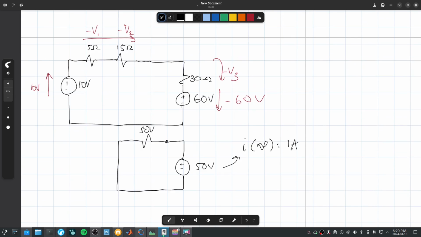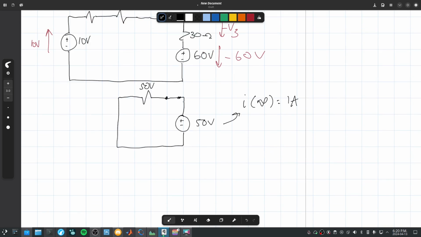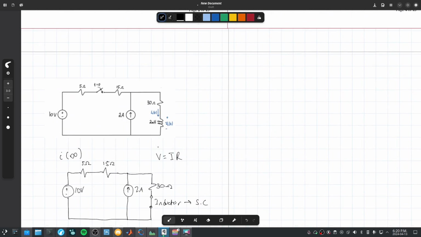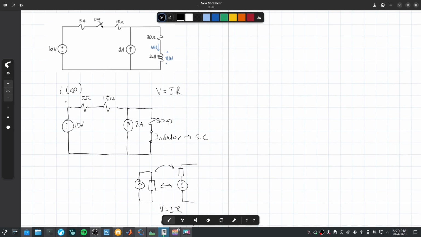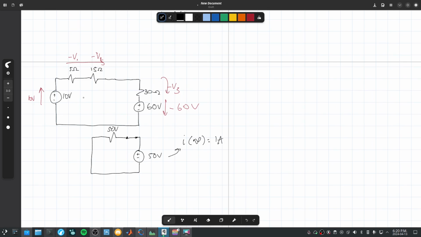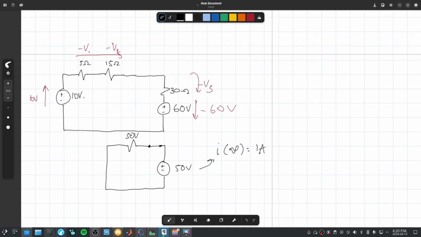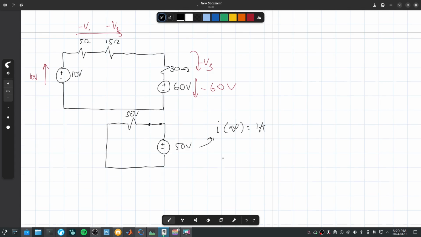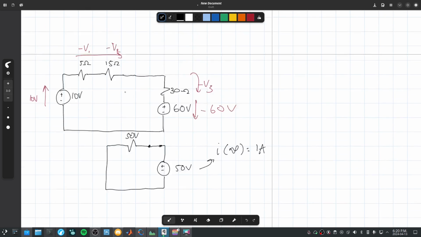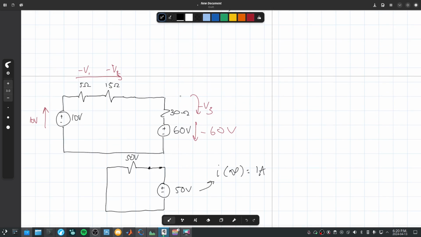The inductor is still there, but it's still like a short circuit, right? So we have just determined I infinity using source transformation. And again, source transformation took this circuit, which had a branch, and turned it into an incredibly simple parallel circuit. Sorry, not parallel, series circuit. 50 ohms? Yes, because you have 5 plus 15 plus 30.